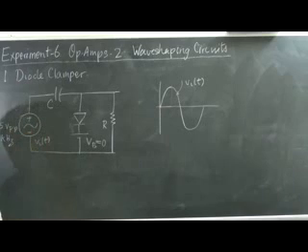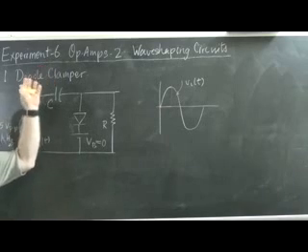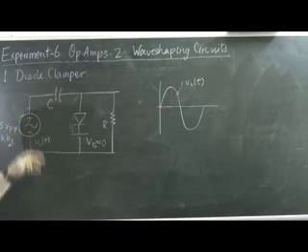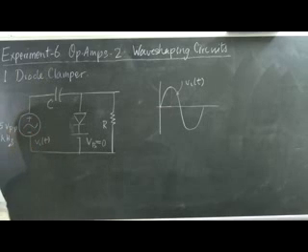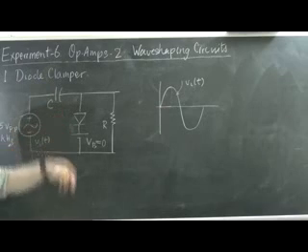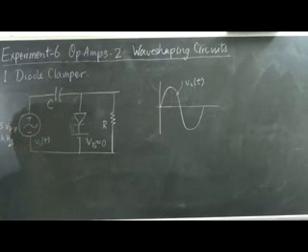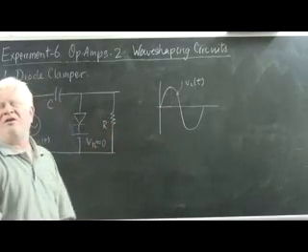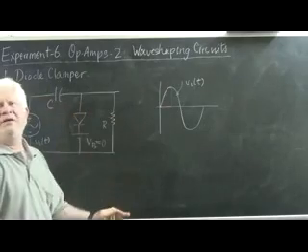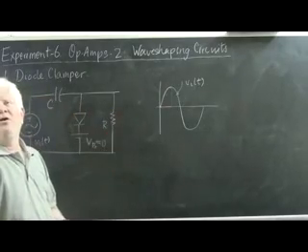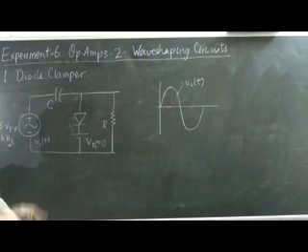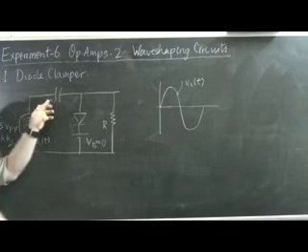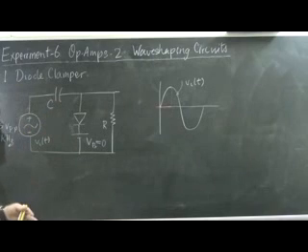After this point, the capacitor voltage is stuck at the positive peak of the input, which is in this case 15 volts, whereas the input voltage starts falling. So at this point, because this diode is now open circuited, what you would see at the output would be a reflection of the input with the capacitor's voltage subtracted.